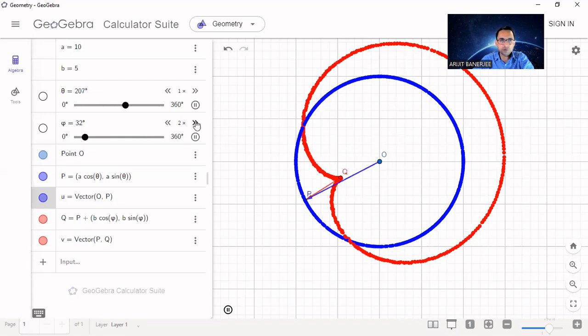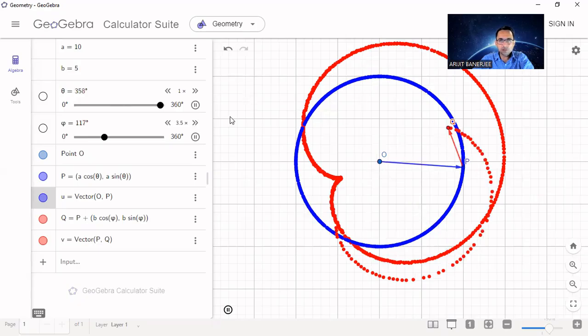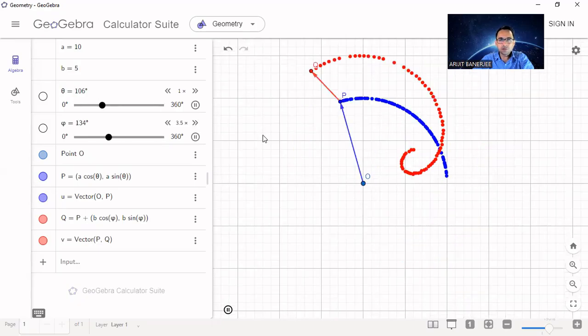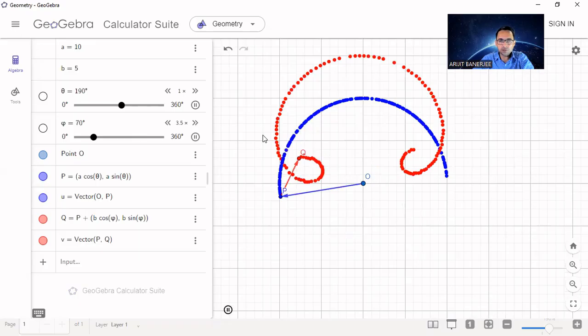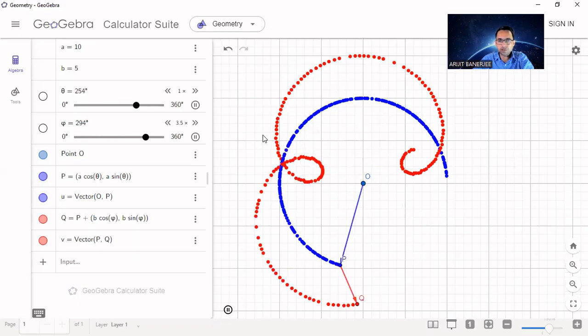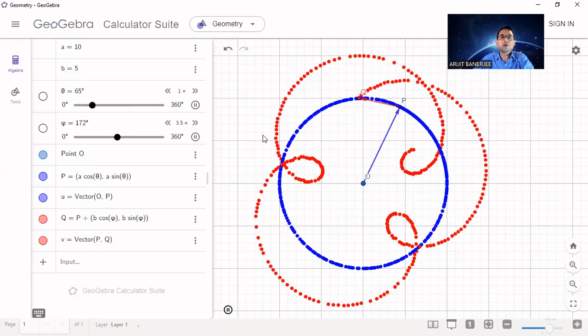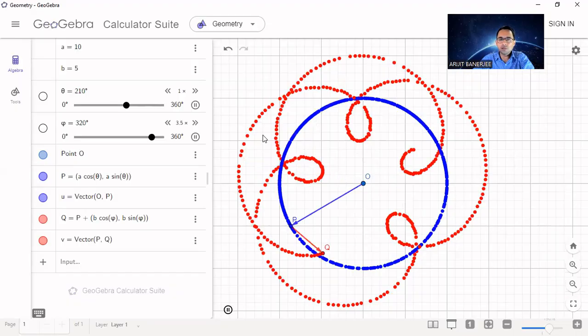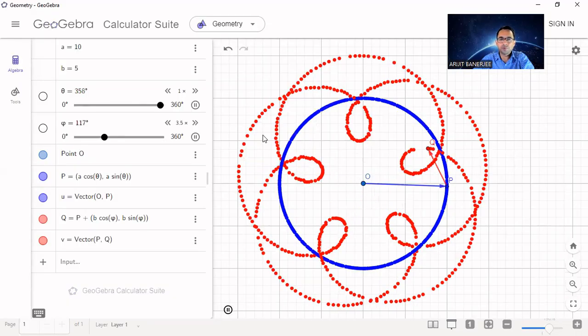If you set different speeds, then you will see different curves or trajectories or combinations of trajectories. In a future video, I shall explain and analyze these kinds of geometries produced by different speeds. So as you can see, it is producing a nice pattern.